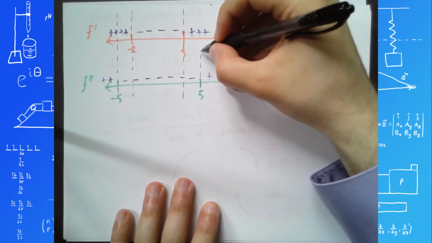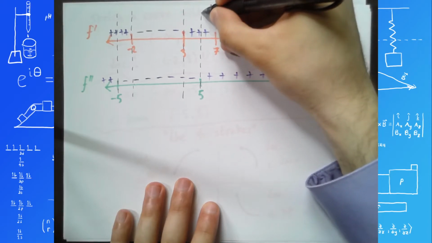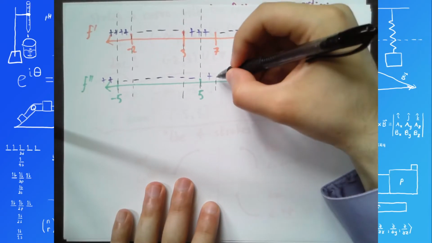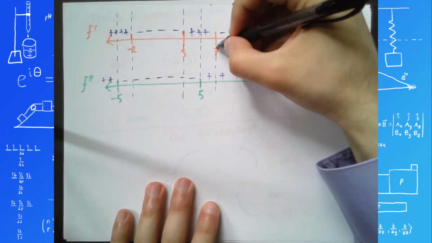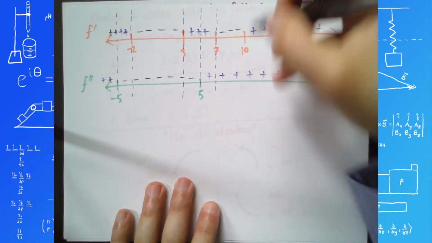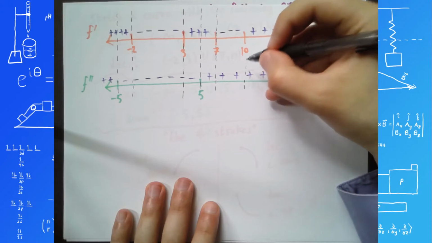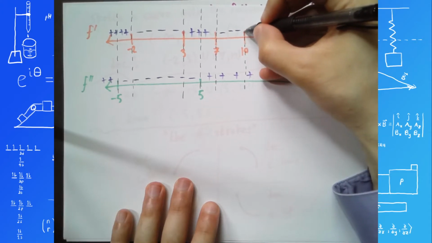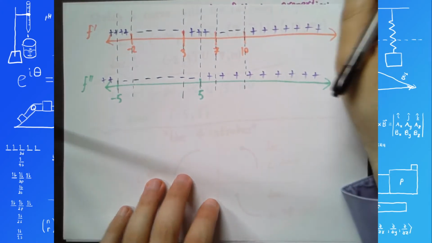So everywhere where you have a critical point on either number line, you want to draw, I guess it doesn't have to be a dotted line, it could be a solid line if you prefer, but what I like to do is just draw a dotted line here.